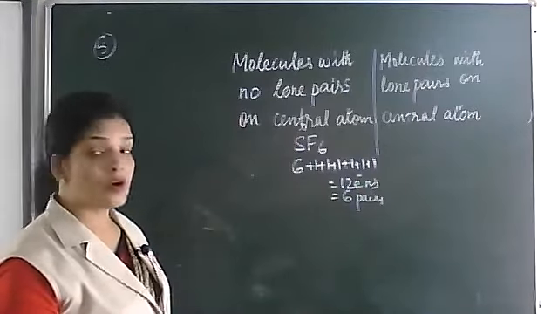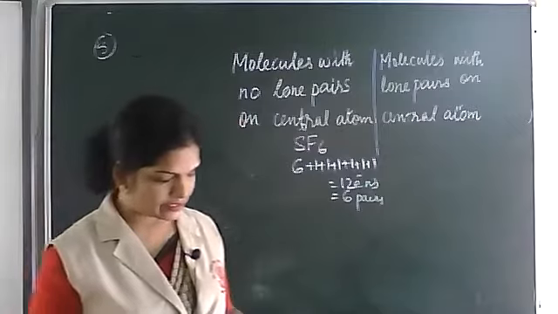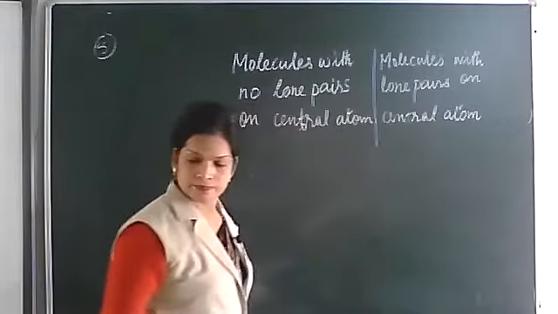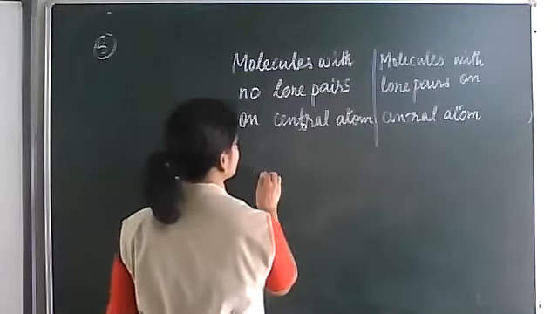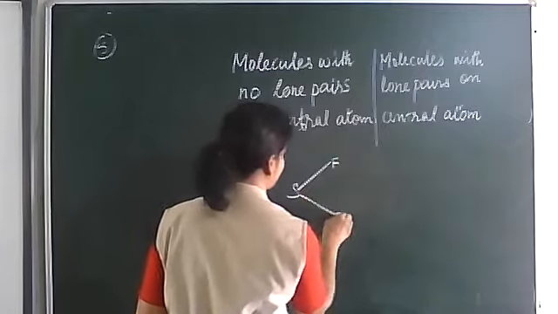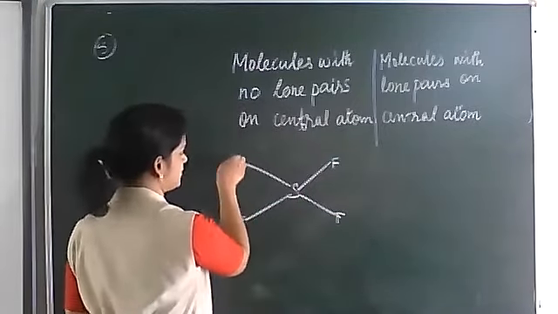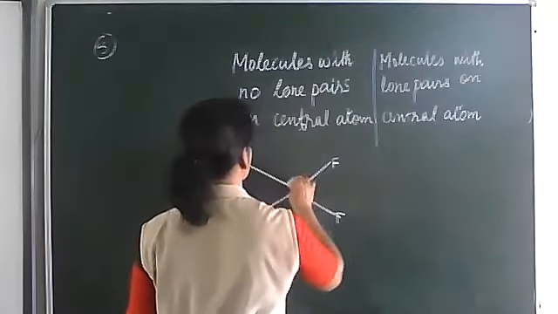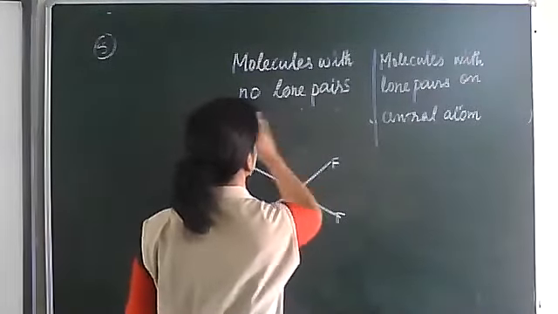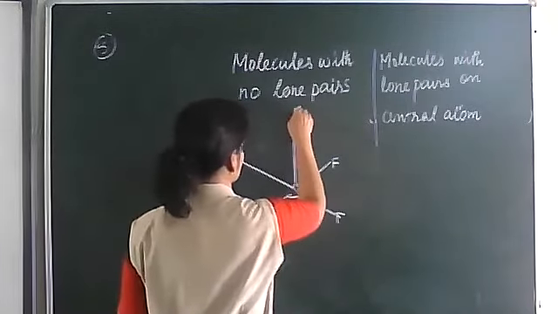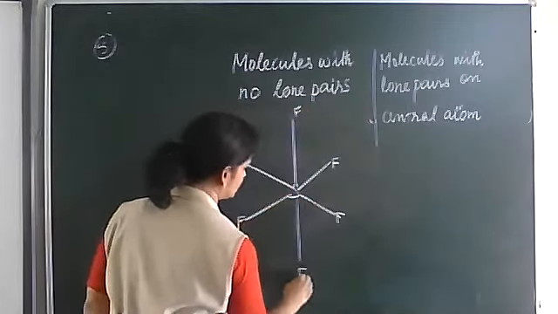In an octahedral way. So octahedral way will be showing S, F, F, F, F, and 1 up, and 1 down.